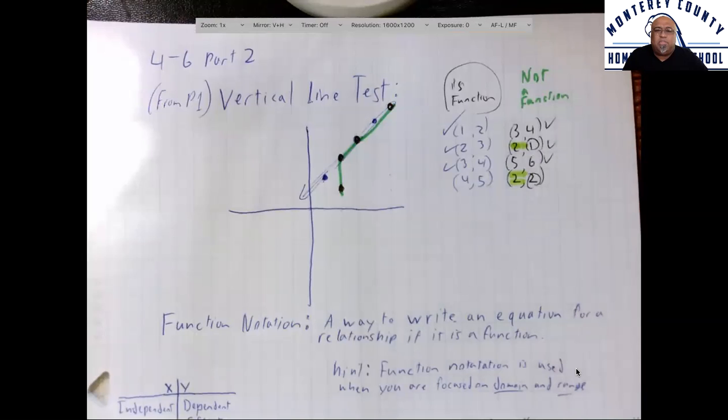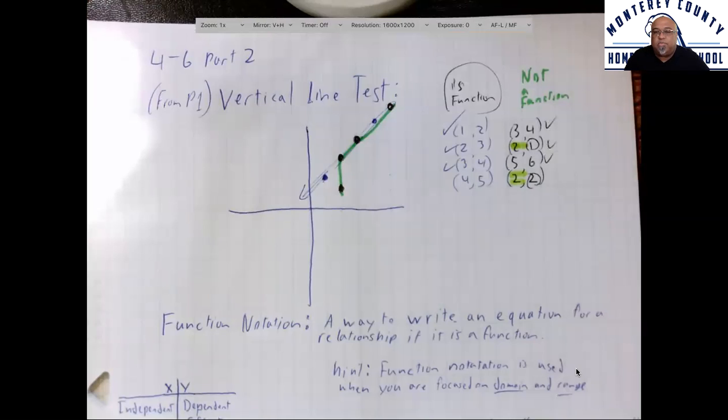So how does that work in terms of understanding the material? If you're looking at your set of ordered pairs, or you can have it as a domain and range where the ordered pairs are separated into x's and y's, however you do that, if any of your x values repeat, then that means it's not a function.